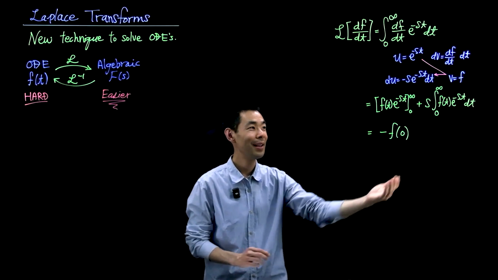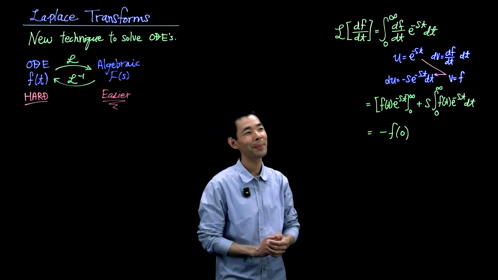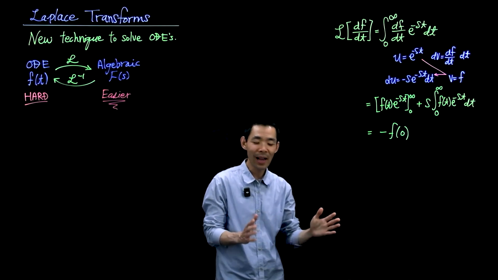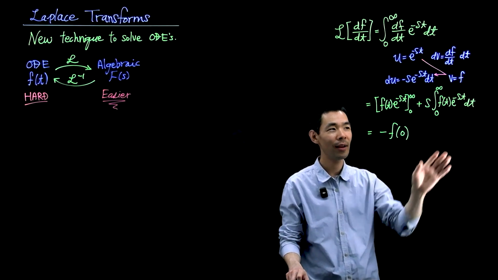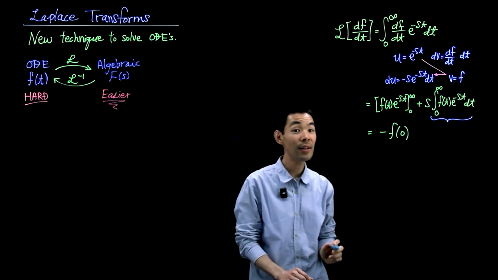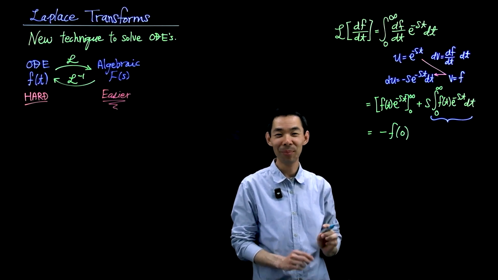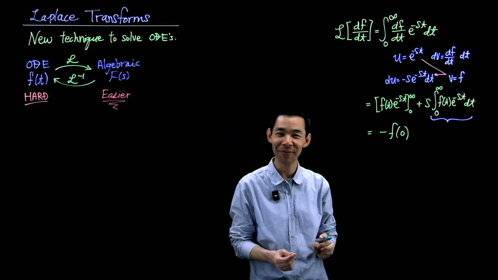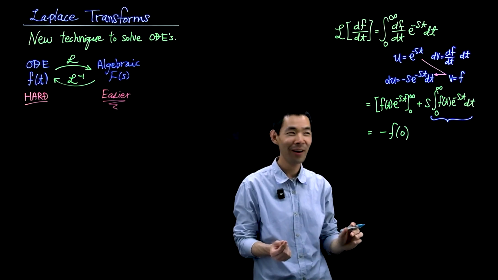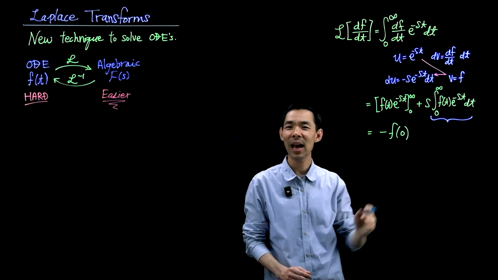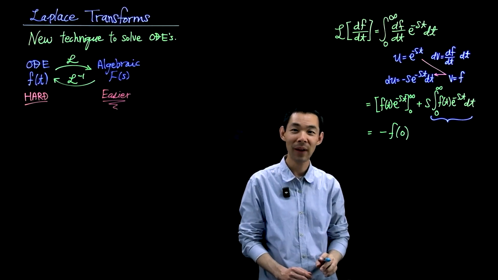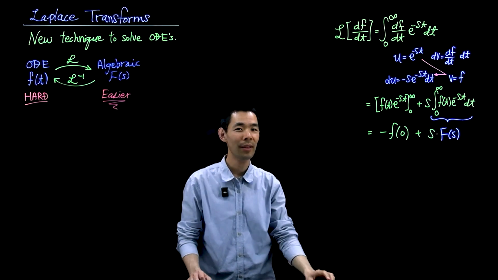Now, the second term. This entire integral on the right is the definition of the Laplace transform of little f. Therefore, this is just s times capital F as a function of s. Just like that.